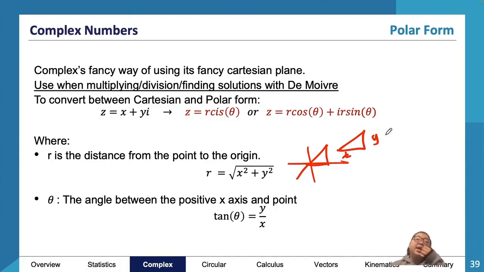And in terms of the angle, if we use SOHCAHTOA, we have the opposite and the adjacent, so we're going to use tan, where the opposite is y and the adjacent is x, so tan theta will equal y on x. And we must remember here about the restrictions on the argument.